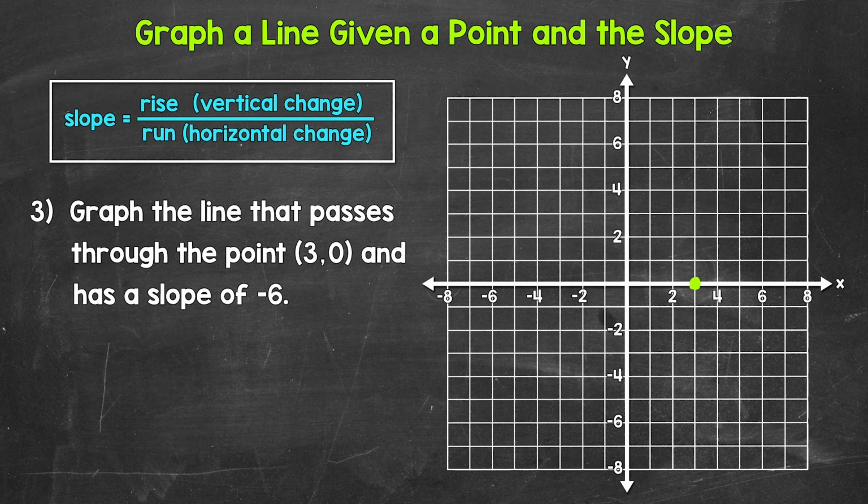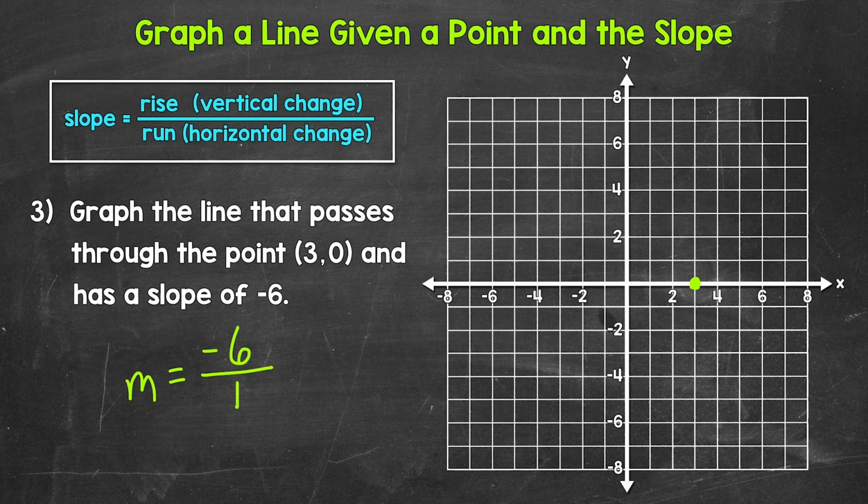So let's rewrite this as our slope equals -6 over 1. Remember, whenever we have a slope that is just an integer, so it's not in fractional form, we can put it over 1. The run is always 1, and it can be helpful to write it in fractional form. That way, the rise is clear and the run is clear.